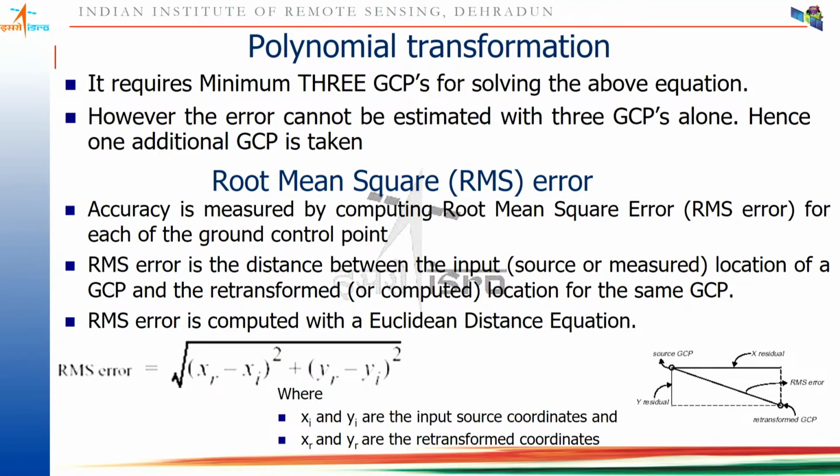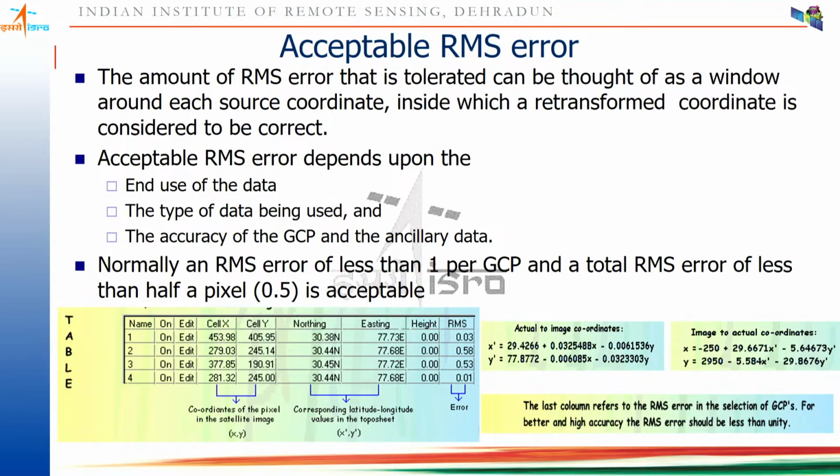This is the distance d, which can be calculated using the Euclidean distance formula. Ideally, this RMS error should be 0. The larger this error, the less acceptable it is, as the computed position and the actual position differ.